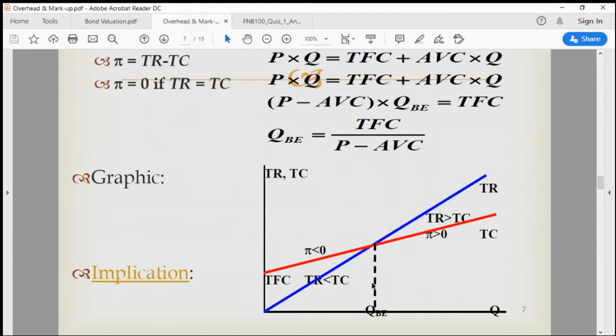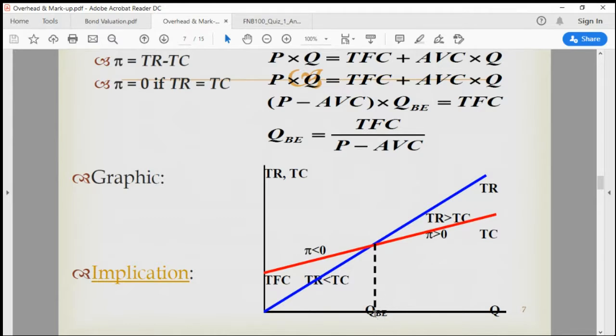How would you identify the break-even point verbally? Graphically, you can point at this point, but if you are explaining it verbally, there's no way you can verbally point at it. You will have to refer to the quantity where it breaks even.